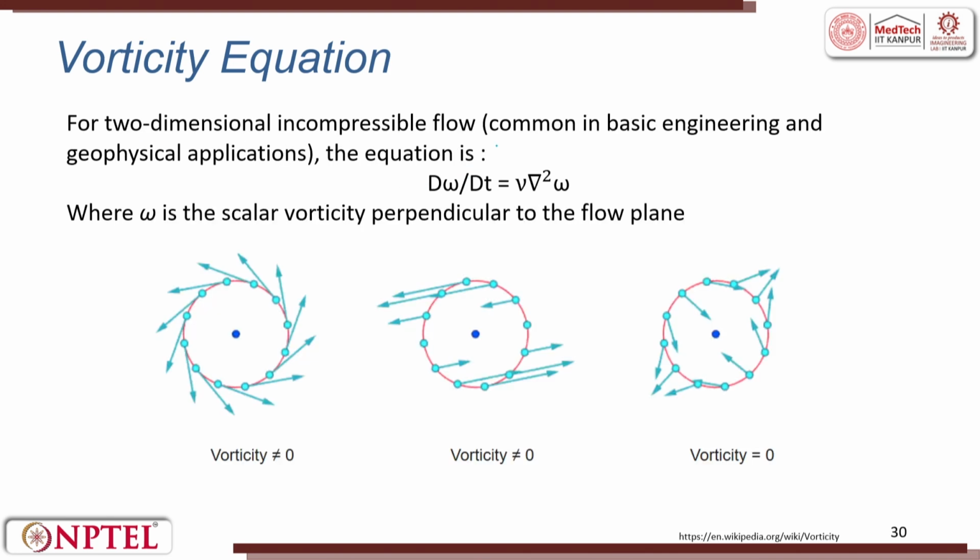For a two-dimensional incompressible flow, the equation is given as v gradient squared omega, where omega is a scalar vorticity perpendicular to the flow plane. Here vorticity is not equal to 0, and here vorticity equals 0, you can see how things move. It can be away or it can be this way. It is along the plane, it is perpendicular to the plane.